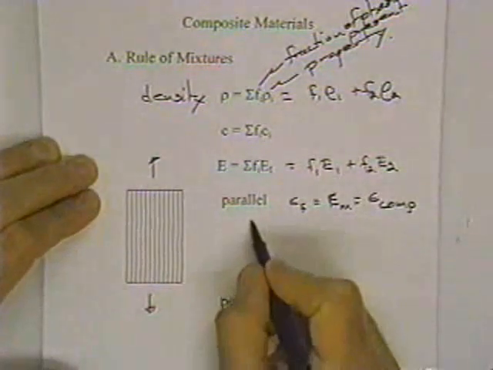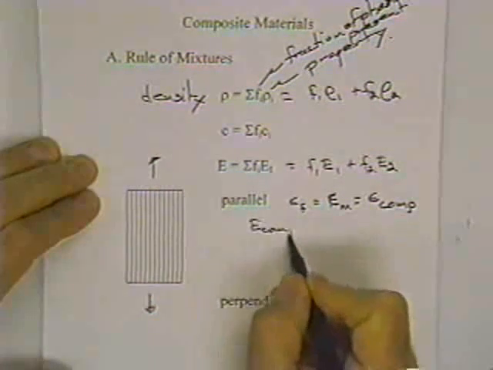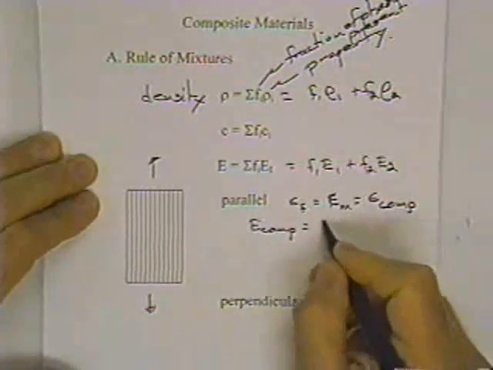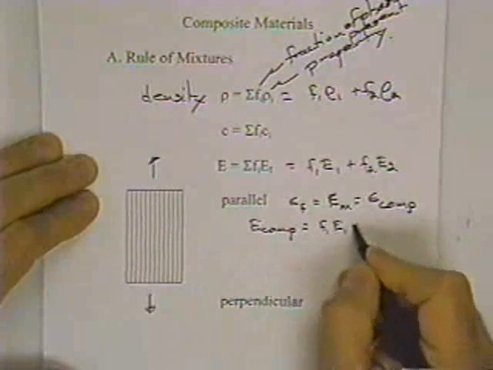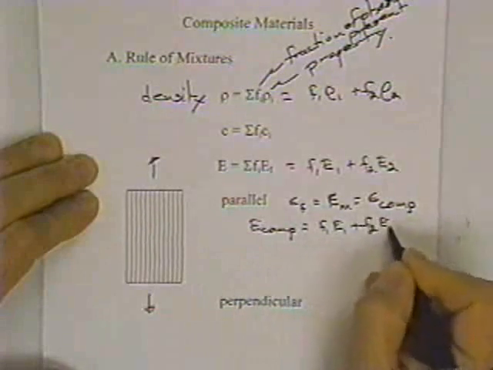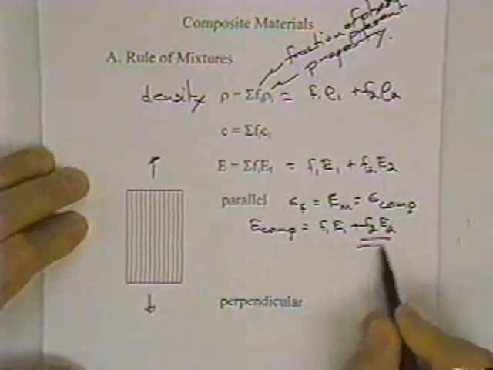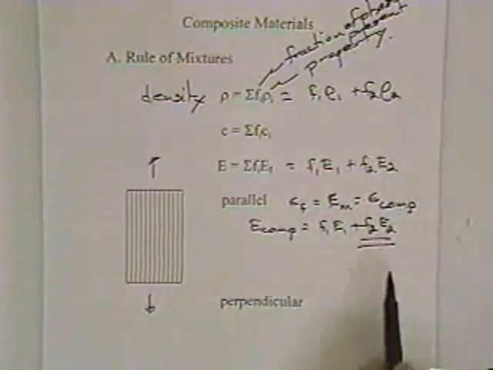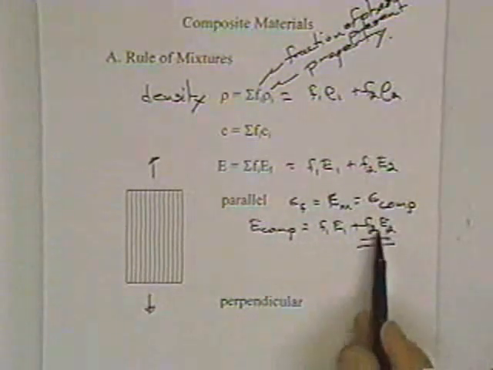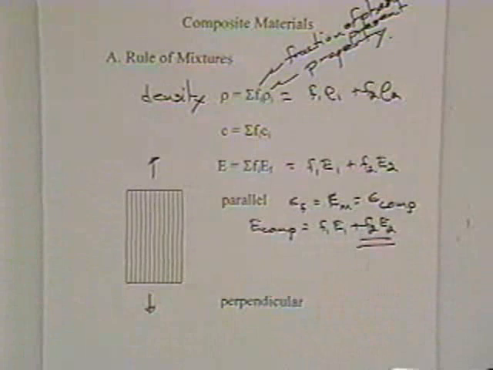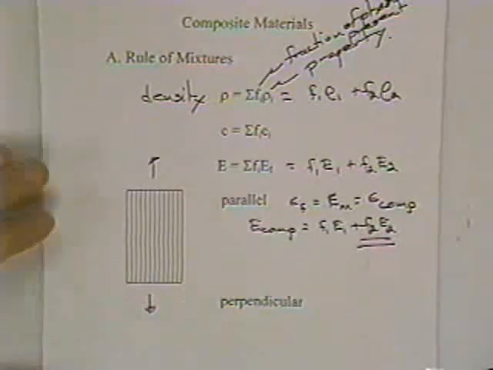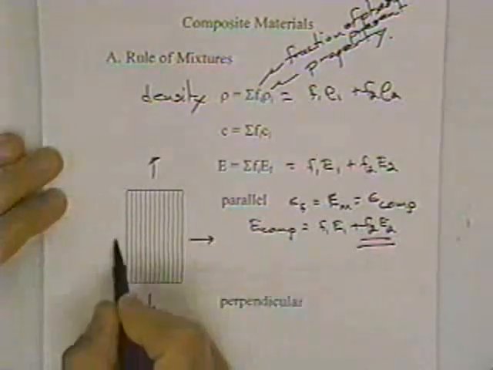And if we do that, that says that the modulus of the composite is equal to F1 E1 plus F2 E2. If this is the fiber, and that's a large number, and this is a strong modulus, that's really going to dominate.